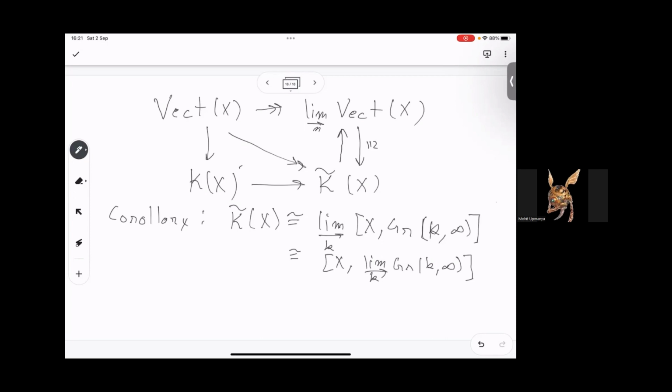And there is a nice name for this. If the field is equal to C, then this direct limit of Gr_K(C^infinity) is called BU.